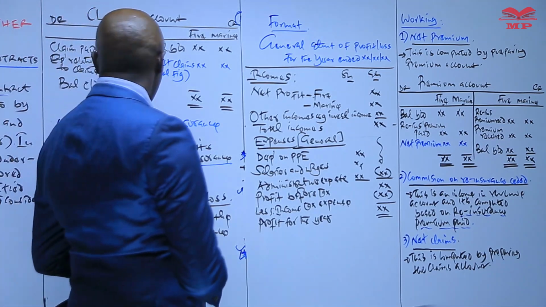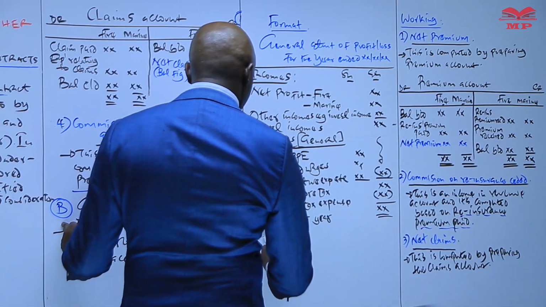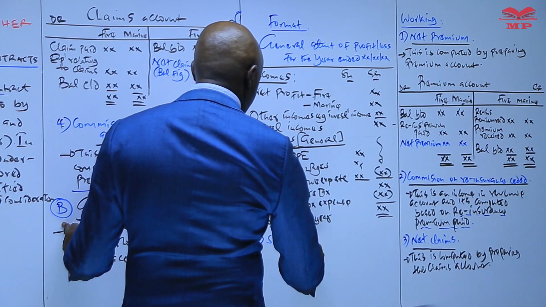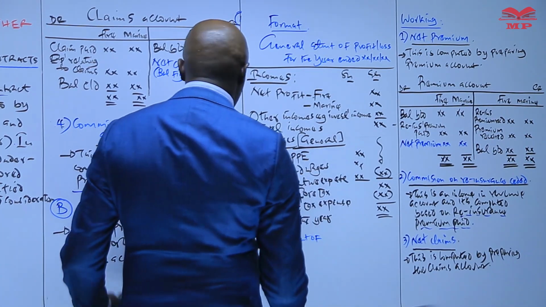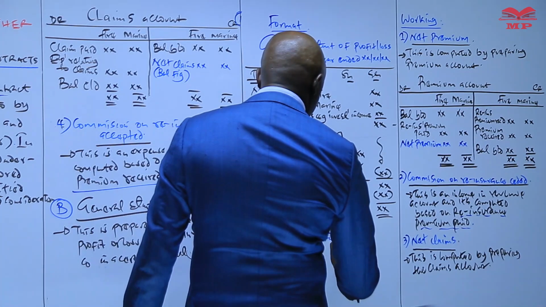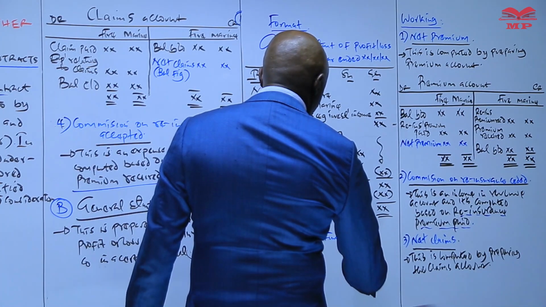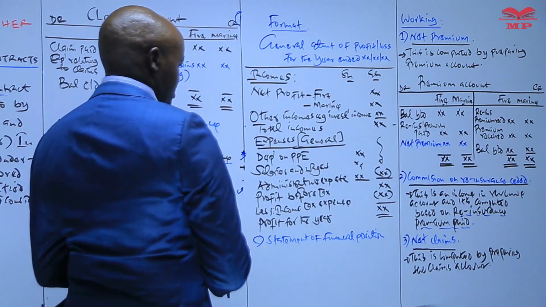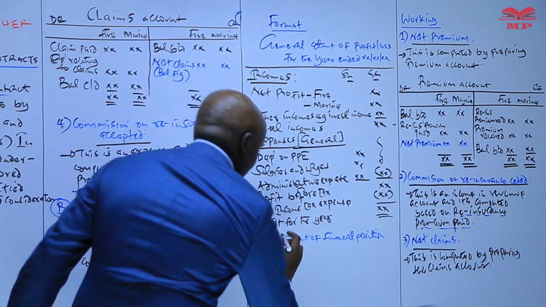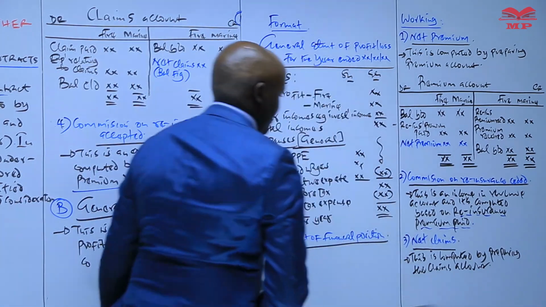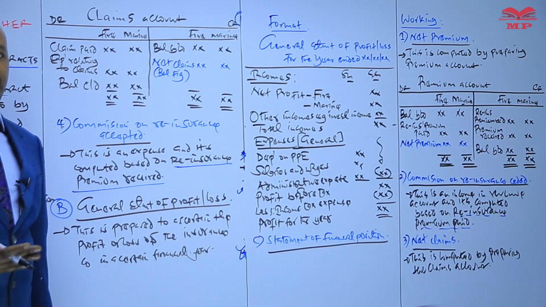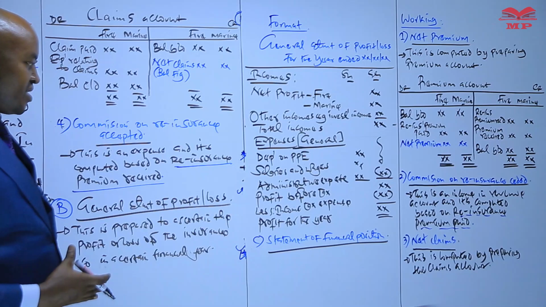And then from there, finally, we have C, the statement of financial position. A statement of financial position, SOFP, previously known as balance sheet. This one is prepared basically to ascertain the financial position of an insurance company at the end of the year.